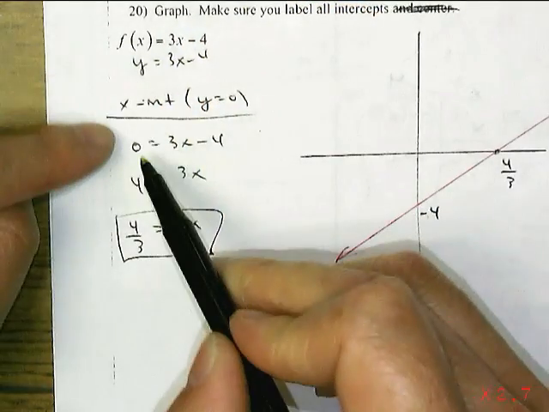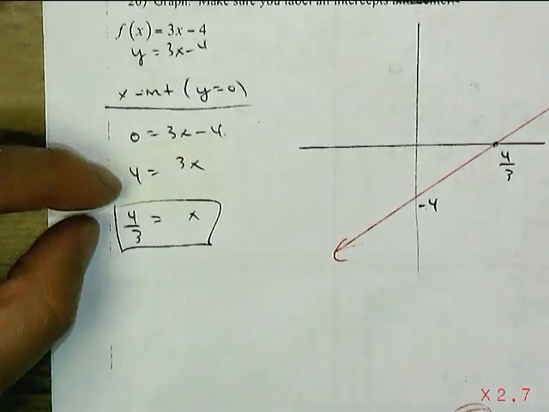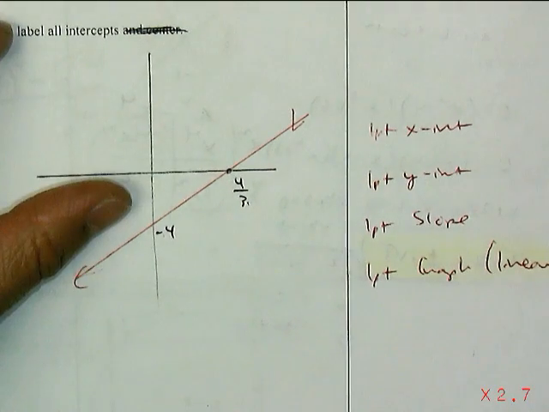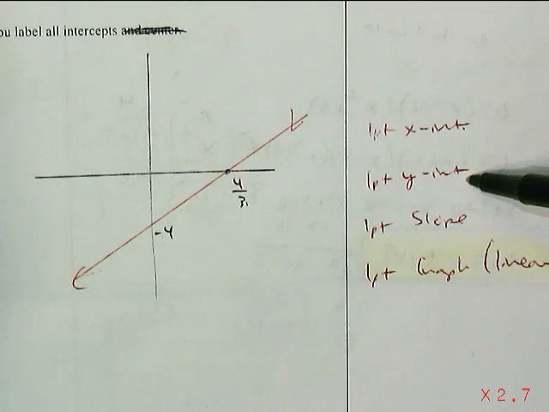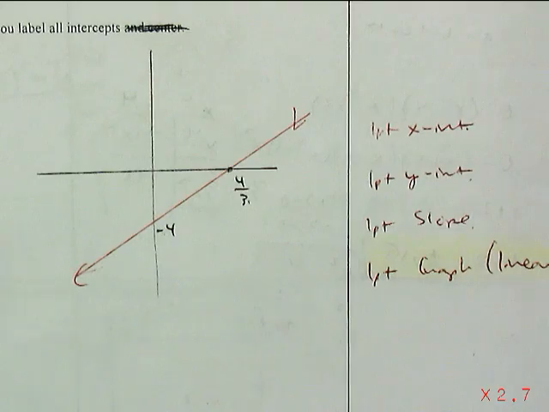Make y equal to 0, and just solve for x. 4 divided by 3, x equals 4/3. Your x-intercept, 1 point, 1 point for y-intercept, 1 point for knowing that it was positive slope, and 1 point for knowing your graph is linear.